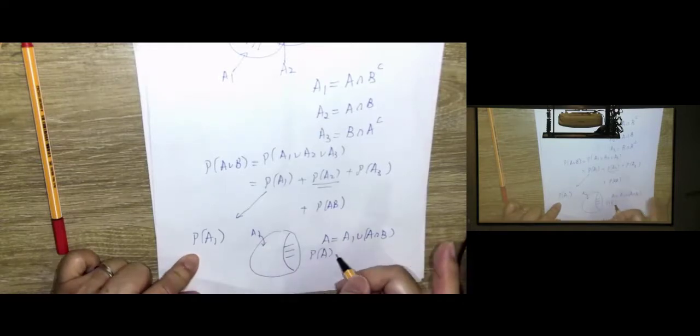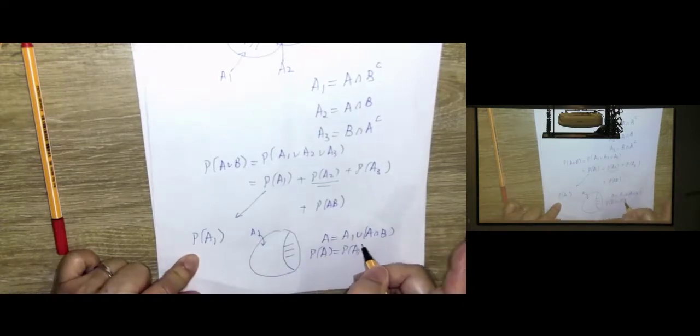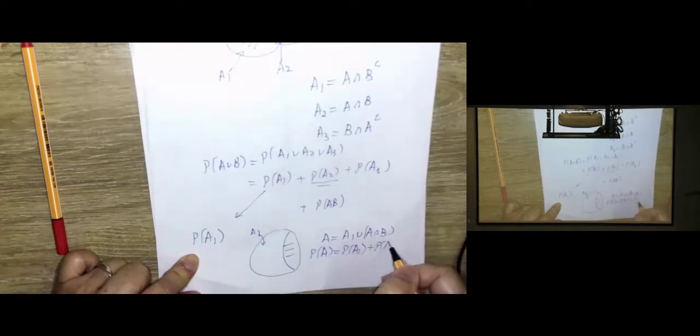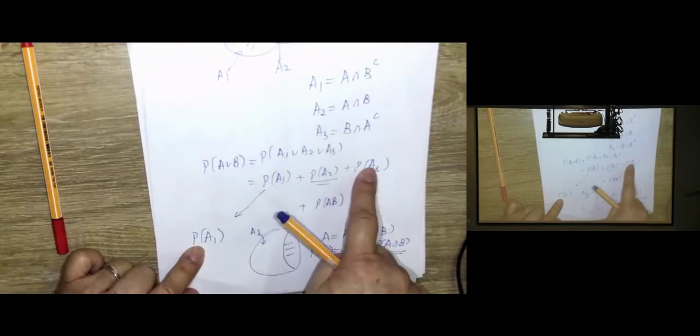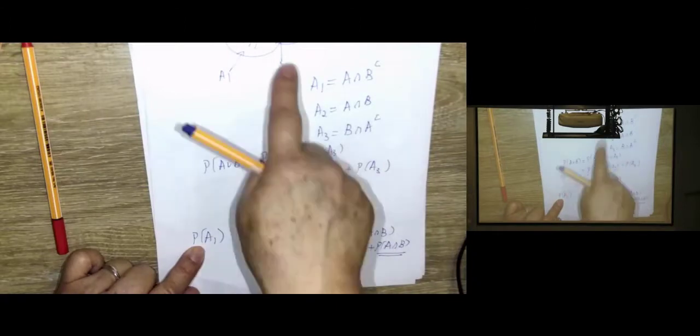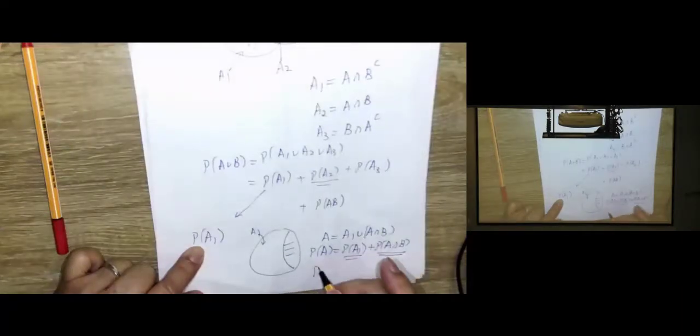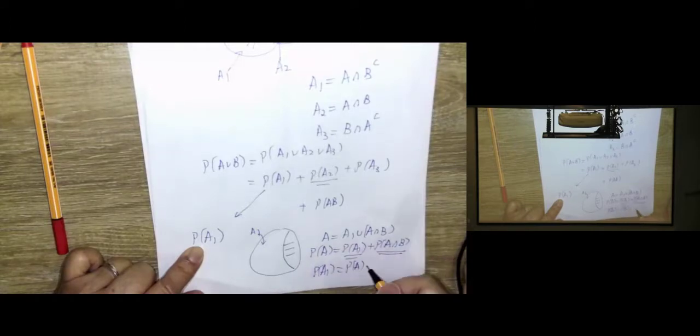The probability of A would be the probability of A1 plus the probability of A intersect B. This is what I was referring to: you are adding the middle part once, and you will do the same here. That is why you add this middle part 2 times, which you should only add once. So the probability of A1 is equal to the probability of A minus the probability of A intersect B.